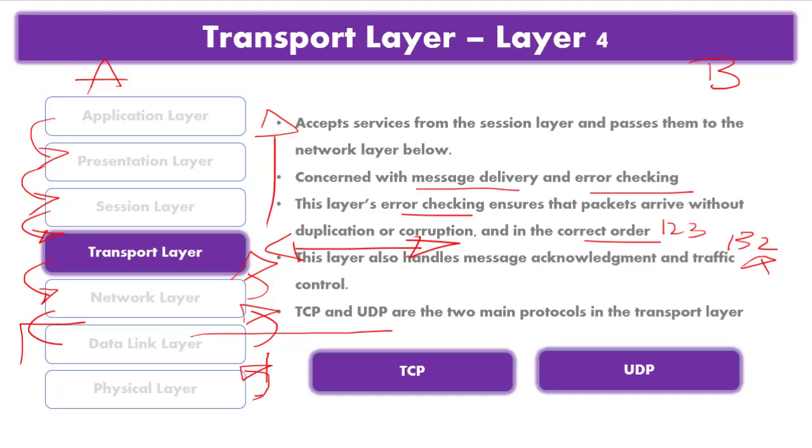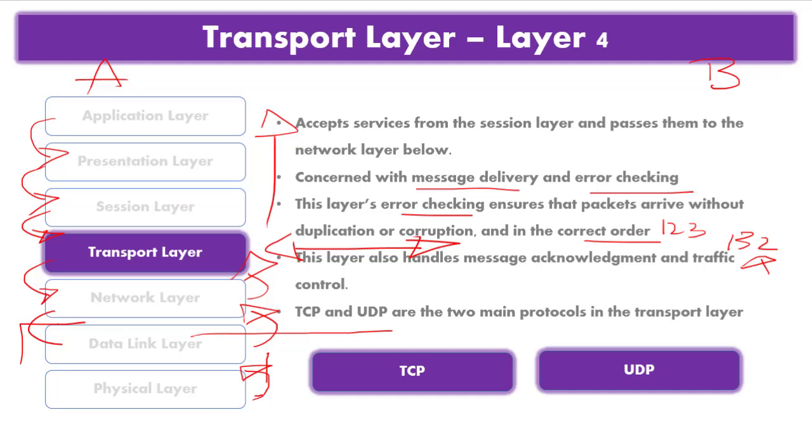We need to keep in mind that each system's layer only communicates with its counterpart, as I mentioned a moment ago. So this layer's error checking ensures that packets arrive without duplication or corruption, in the correct order, and it's more specific to the service or application being used, and it's unaware of the lower layers.